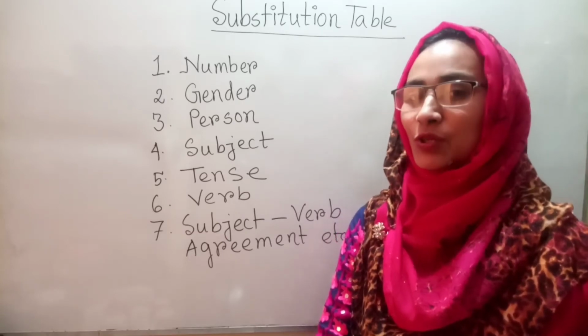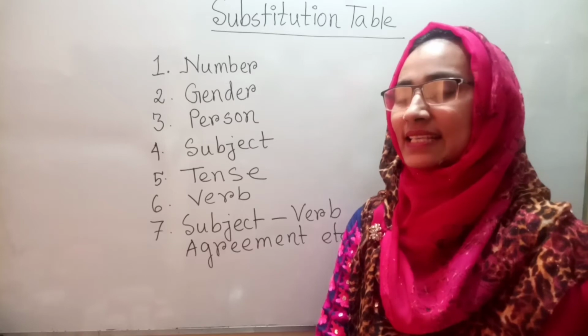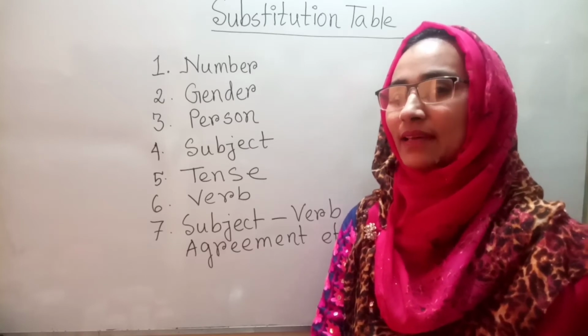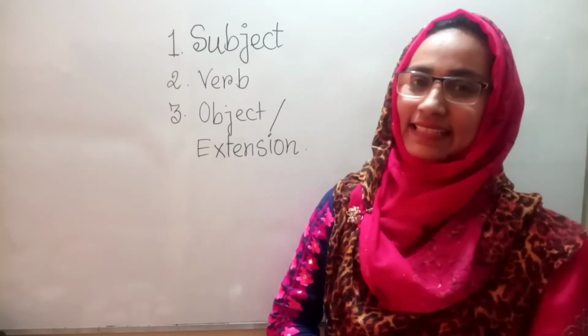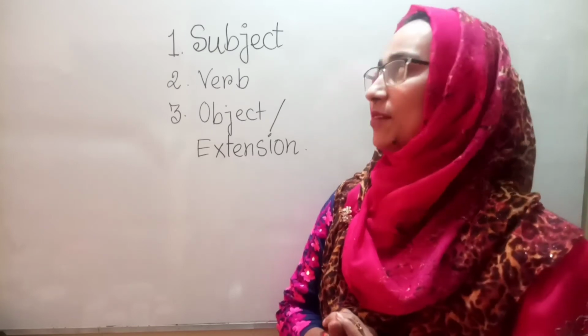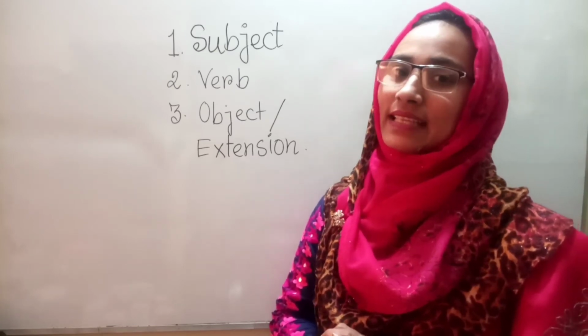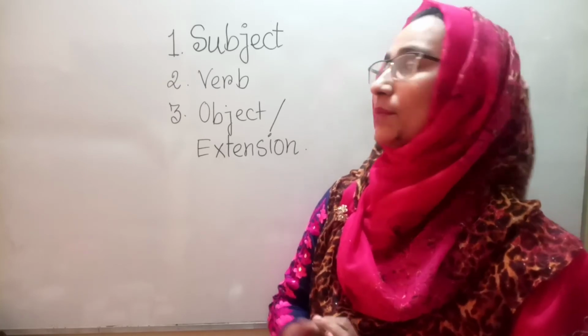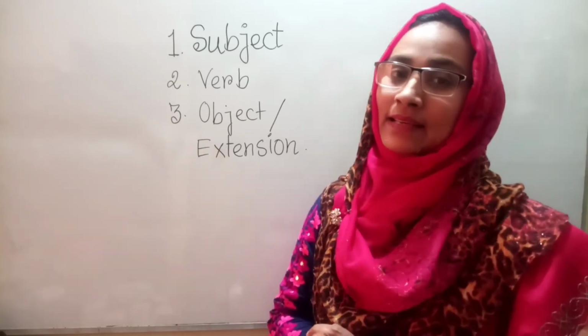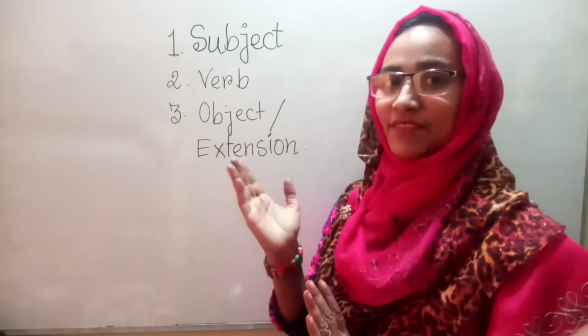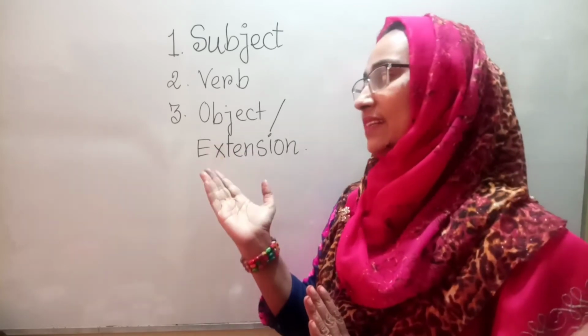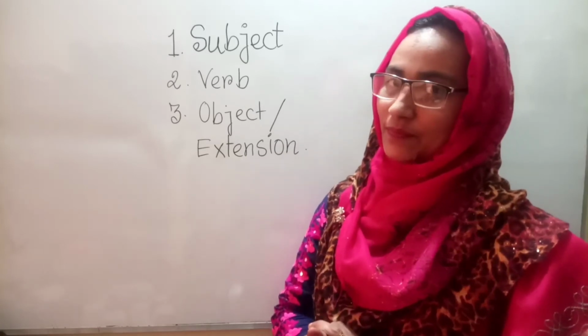Next, I will show you some techniques for how you can make meaningful sentences. First of all, you have to know about subject, then verb and then object or extension.